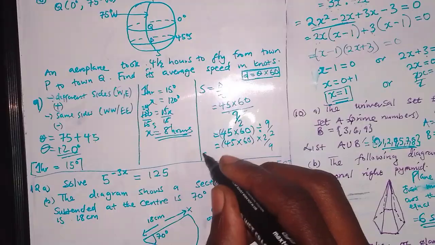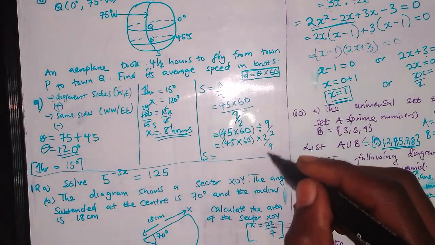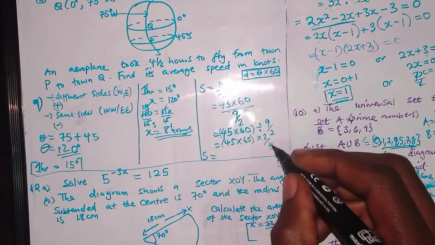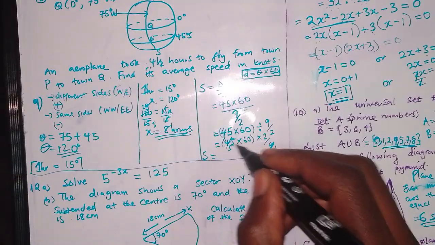Remember, we are calculating the speed. So here now you can simplify things. You can say 9 into 9 is 1. 9 into 45, that is 5.